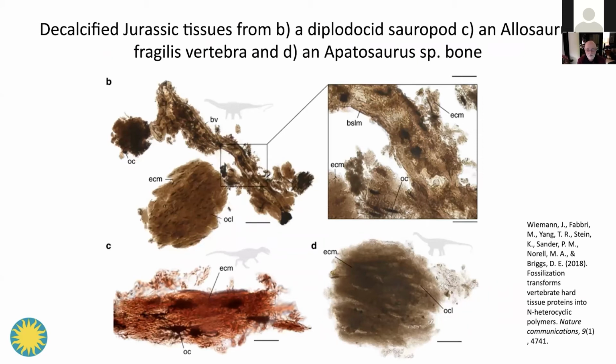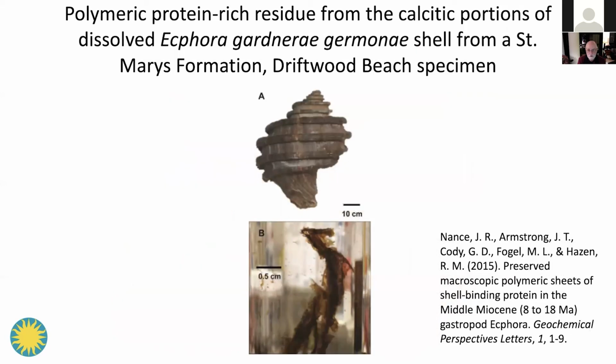Many people, however, have recently been able to reproduce her work in terms of isolating this soft tissue from bones, this hamburger-like material. Derek Briggs' lab published a very important paper here a couple of years ago where they were able to isolate this material from a number of deep time tissues.